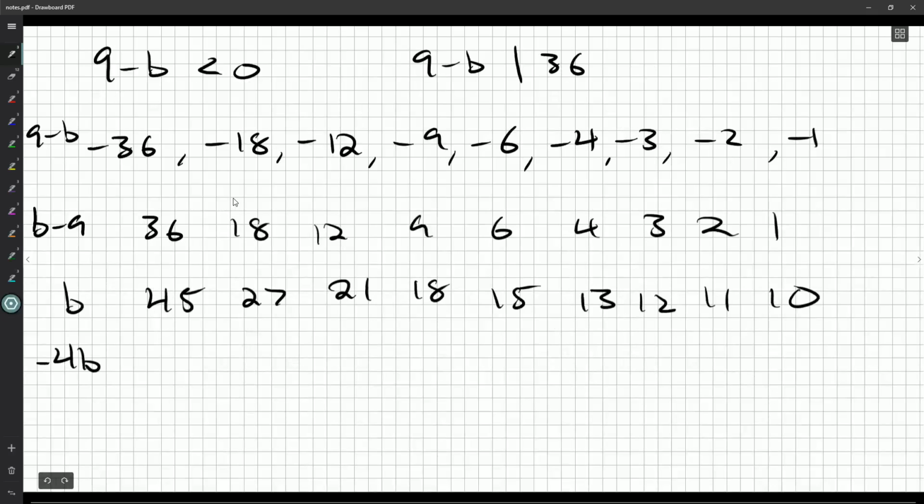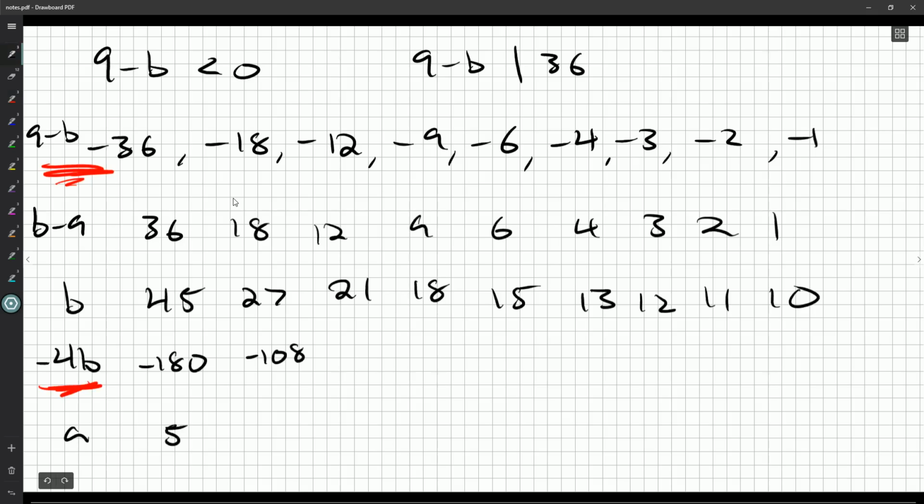Well, it's negative 180, and then a, I'm going to divide what's up here by what's down here. So negative 180 divided by negative 36 is 5. That's a positive integer.